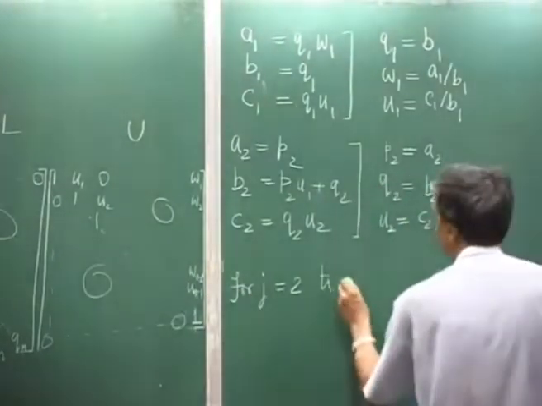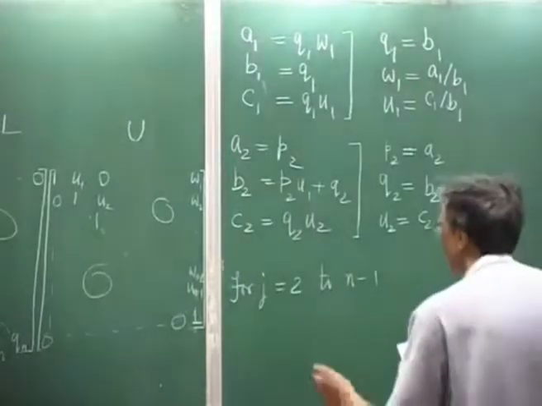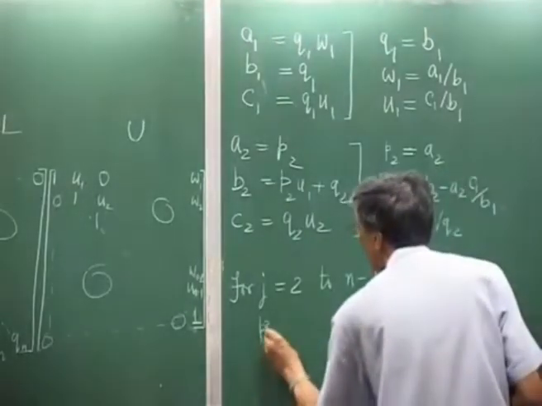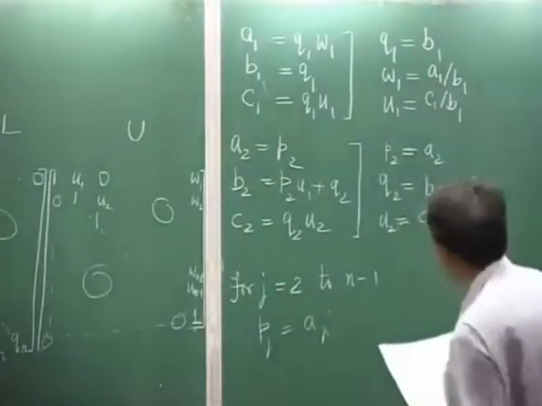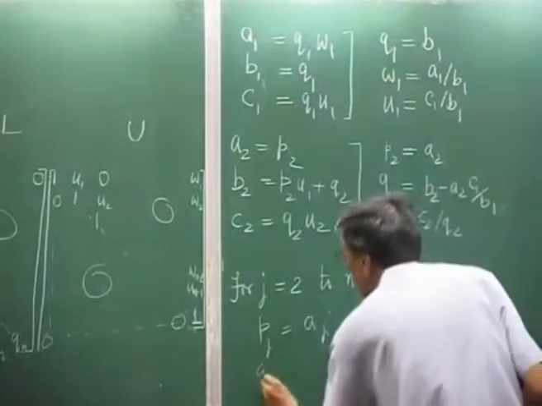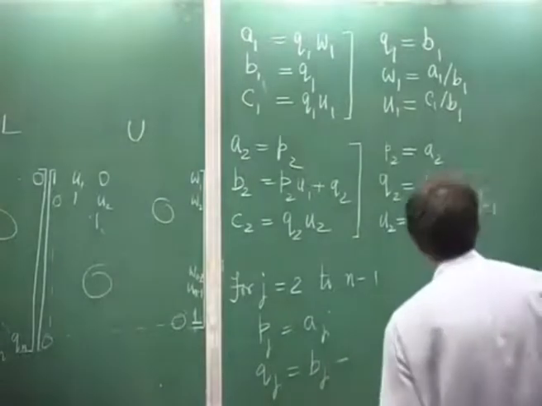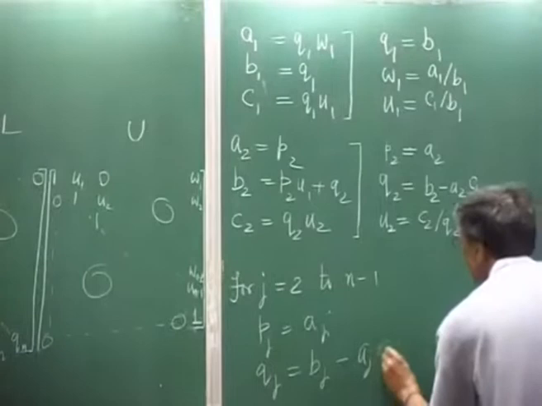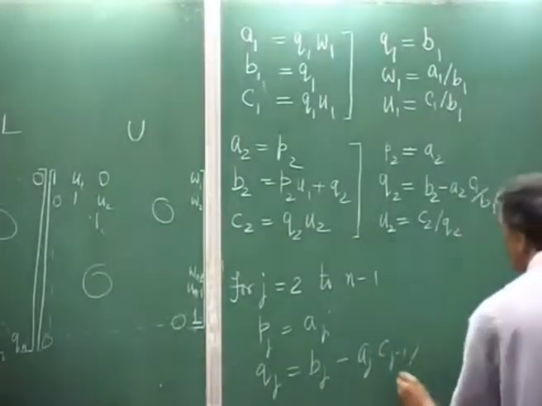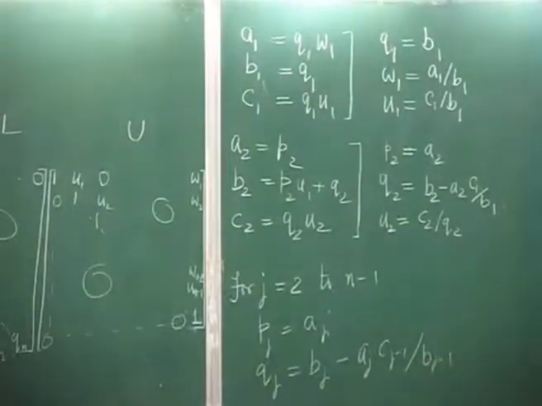So, I would do this recursion whatever I derive here for j equal to 2 to n minus 1, and that would give us this relation that we have written, P j equal to A j, right, and from here we write Q j equal to B j minus A j C j minus 1 by B j minus 1, right.